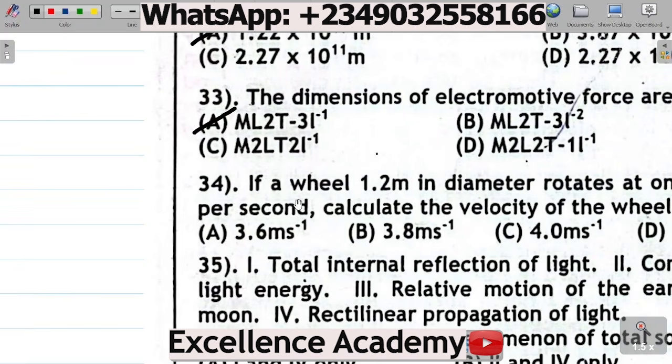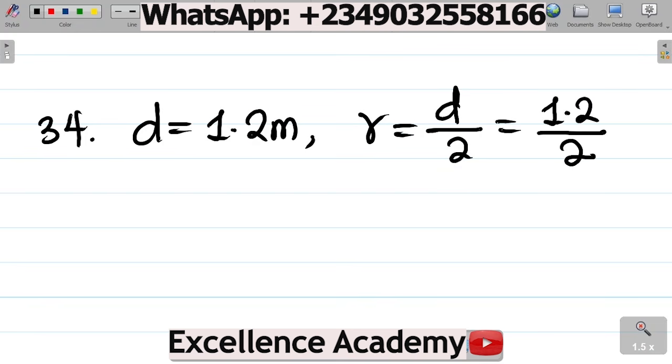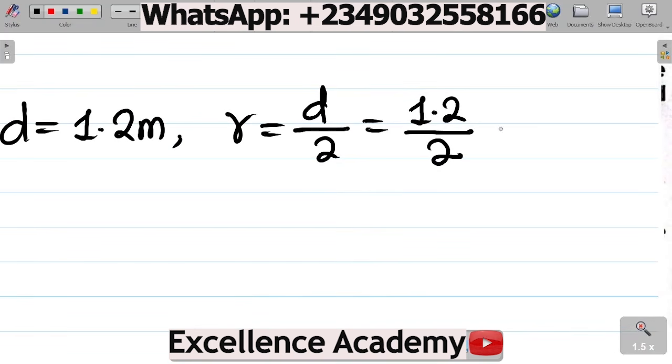Question number 34. Let's see which of the parameters we are given there. They said a wheel 1.2 meter in diameter, so given diameter D is equal to 1.2 meters. The radius is equal to D over 2, that's 1.2 over 2, which gives you 0.6 meters.